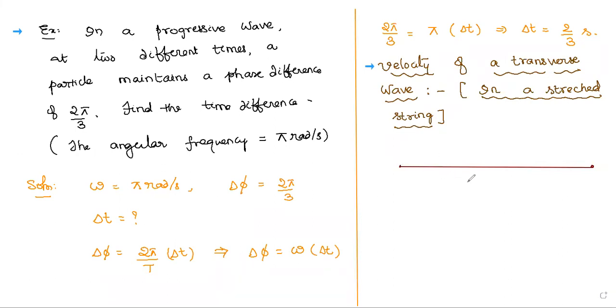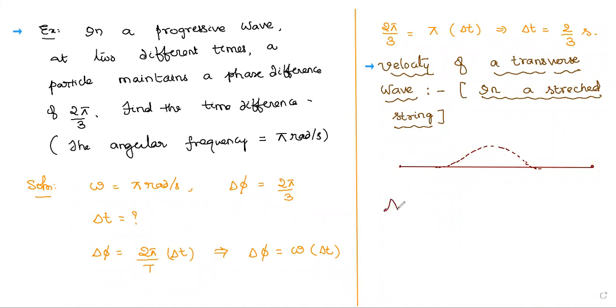When the transverse wave is moving in the stretched string like this, at an instant, suppose the string appears like this. Shall I take it like this? Okay, right, good. So this is the wave at an instant.